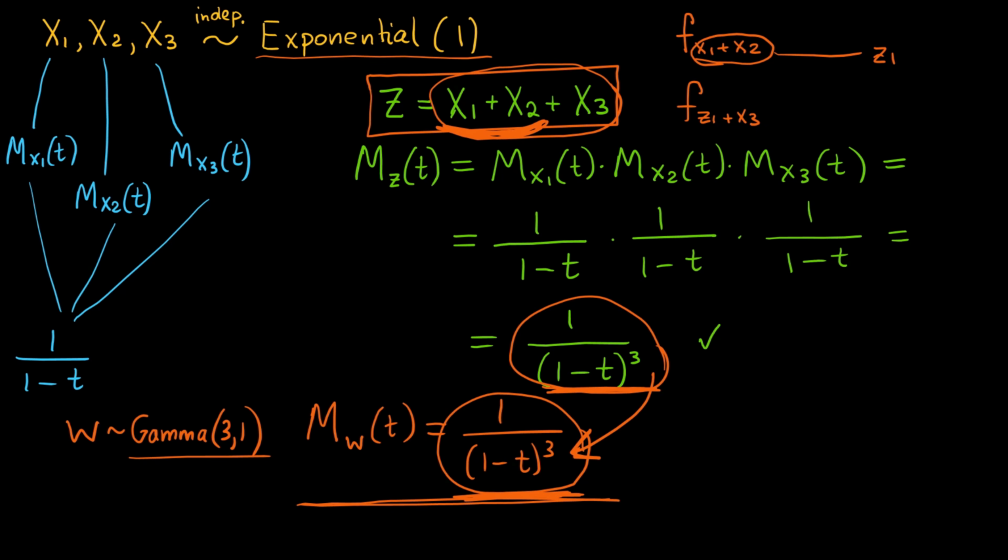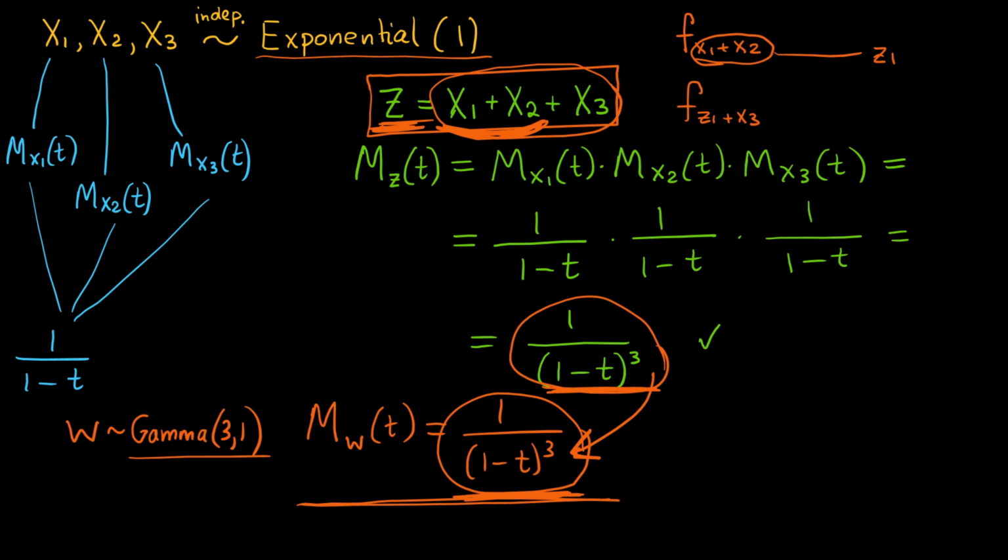But in the end, we can guarantee that we will have reached the same conclusion. We will have found that the PDF of Z is exactly the PDF of the gamma 3,1 distribution, and we will have established the same result.